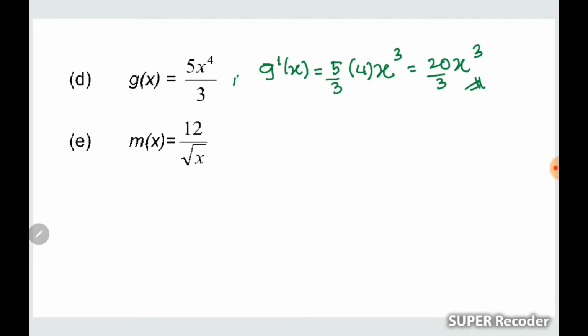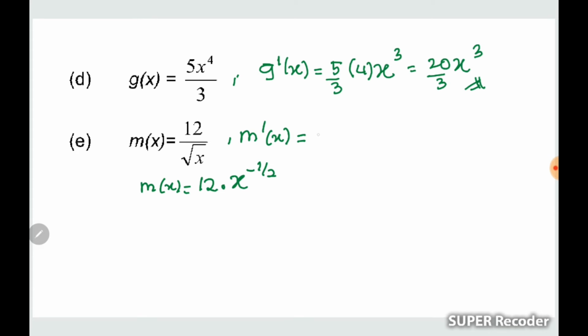Okay, last one. Given m(x) equals 12 over root x. So what is m prime x? M prime x equals, before that you need to simplify m(x) like this: 12 multiplied with, bring x in front, therefore x to the power of negative 1 over 2.